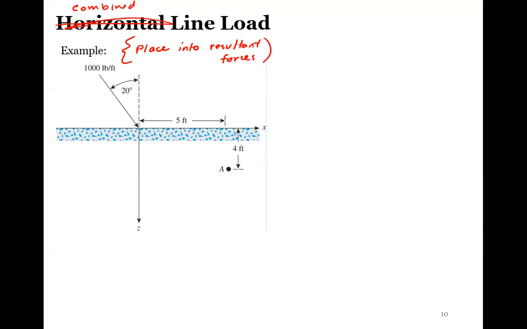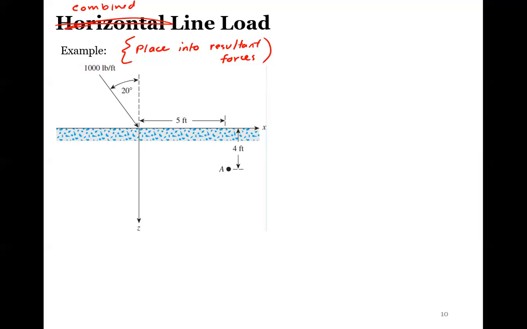Thanks to trigonometry that we learned in high school, we can find the resulting vertical and the resulting horizontal load, solve those two independently, and then add them up to find the increase in stress.